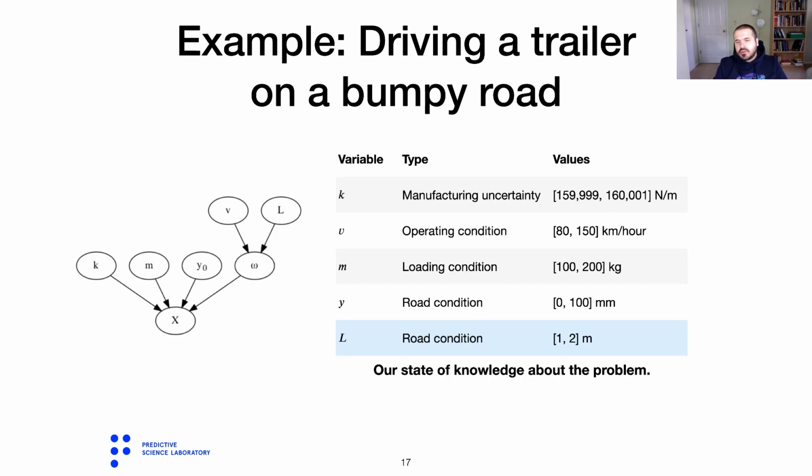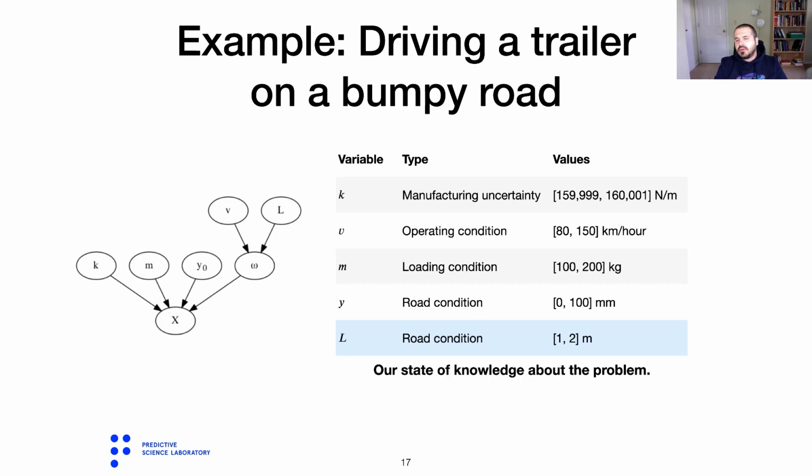We're probably dealing with a specific spring which we bought from somewhere, and we go and ask the manufacturer what is the spring constant, if you don't want to measure it, of course. And they tell us that I can guarantee that the spring constant is between this and that value with very high probability. And this is given in this table right here as the first entry.